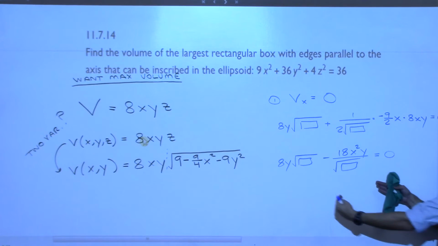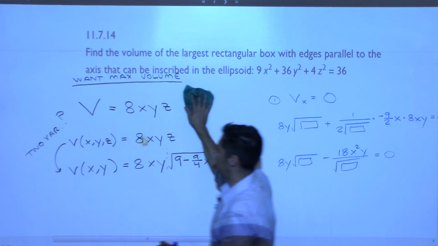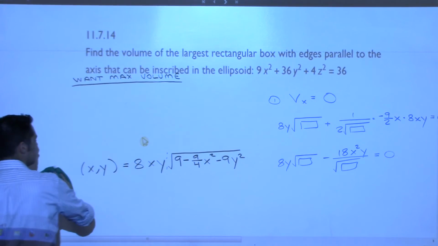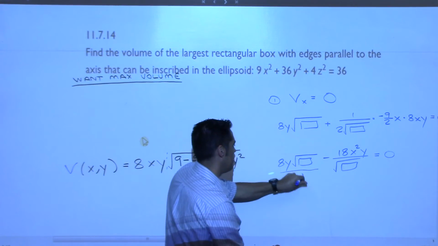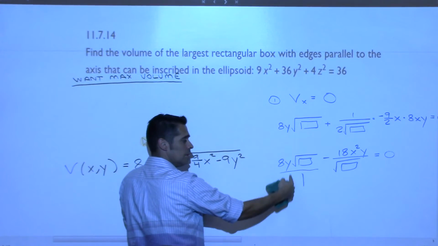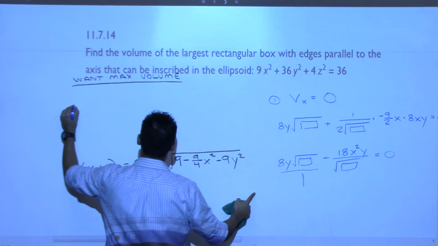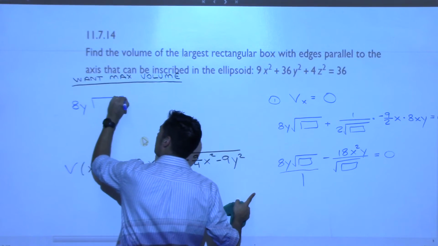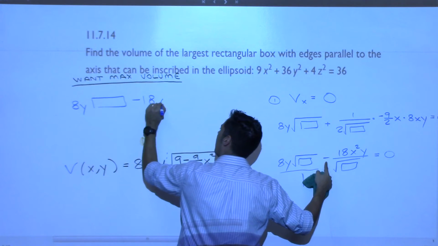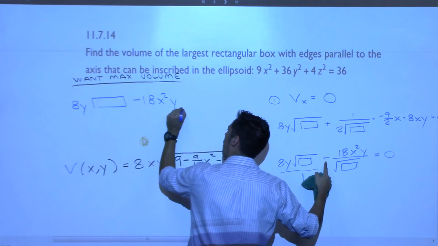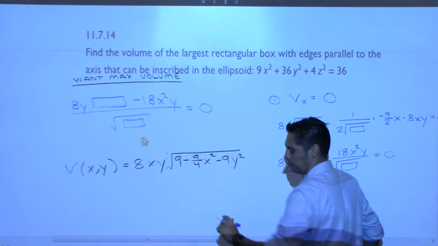Can you put these two together? Common denominator, can you? Hope so. Let's see. What happens if I try and put those two together? Well, I have to put this root on the bottom of this one, right? And on the top. And when I put this root on top, the root goes away. So I'm going to have 8y times the junk that was under the root minus 18x squared y all over the common denominator, which was the root of the junk, equals 0.